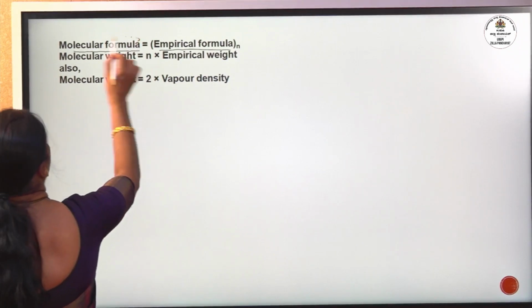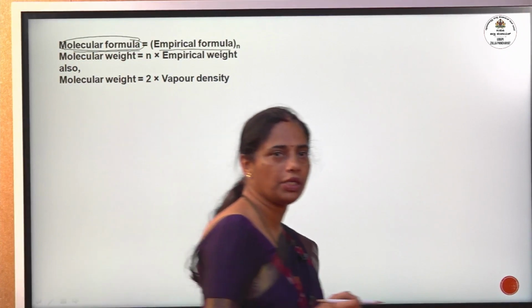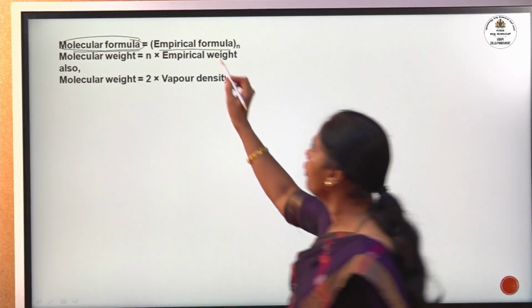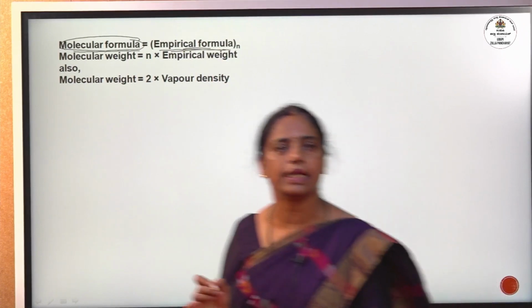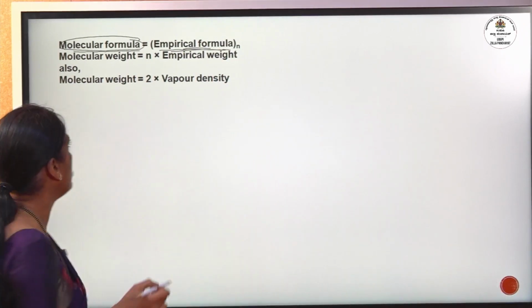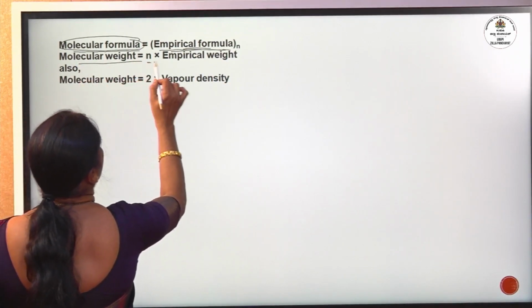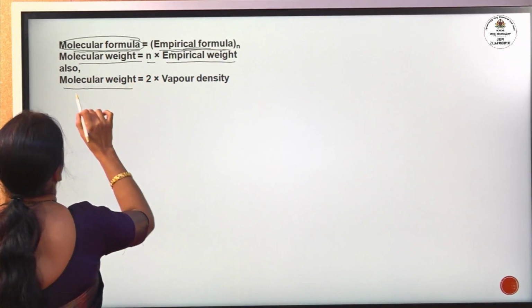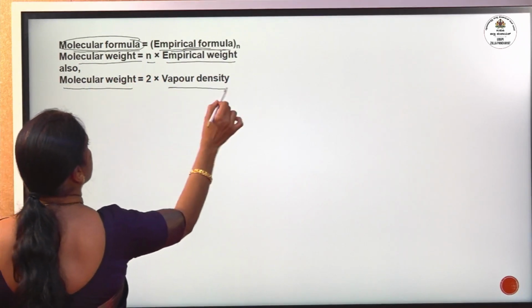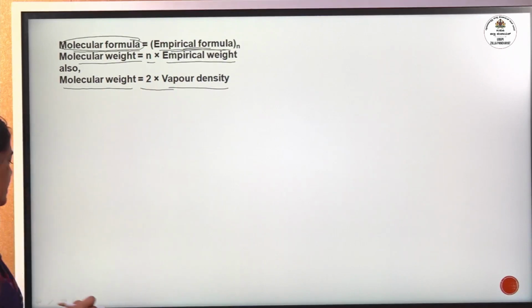Now molecular formula gives us the actual number of atoms present in a molecule, whereas empirical formula gives the ratio of different atoms present in a molecule. Now molecular mass is equal to n into empirical mass, and similarly molecular weight and vapor density relationship is 2 into vapor density is molecular mass.